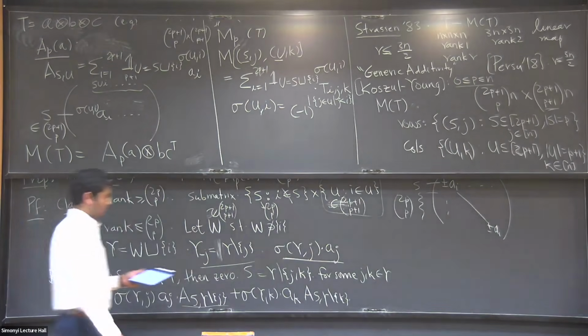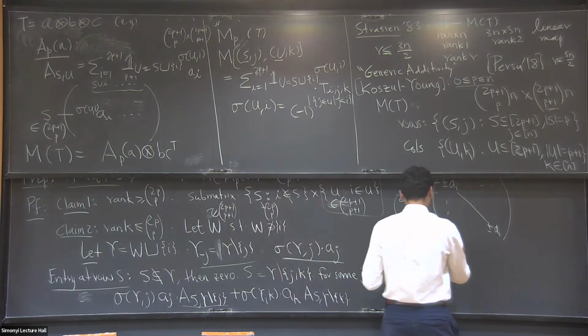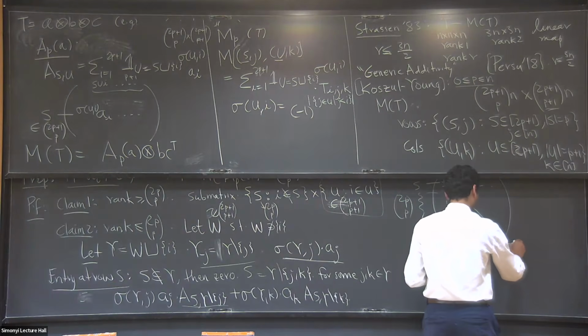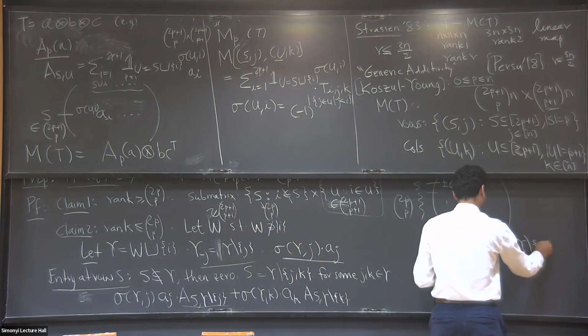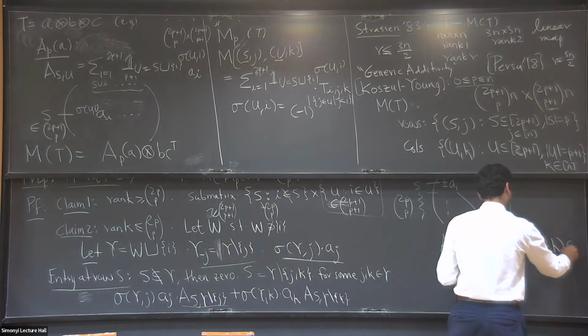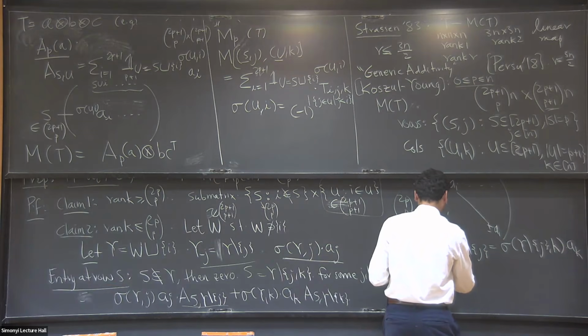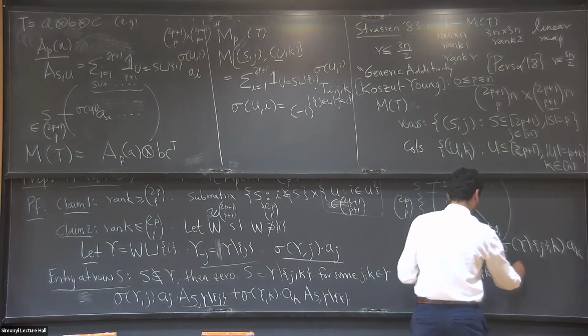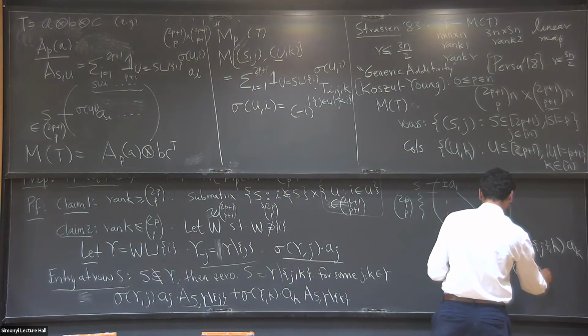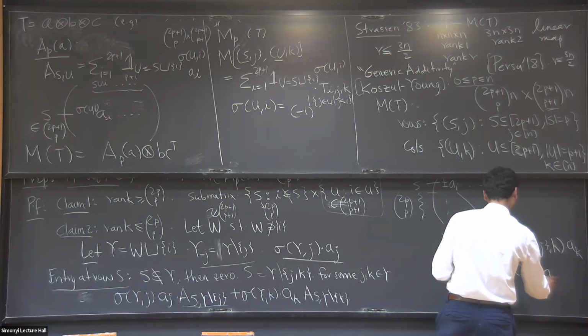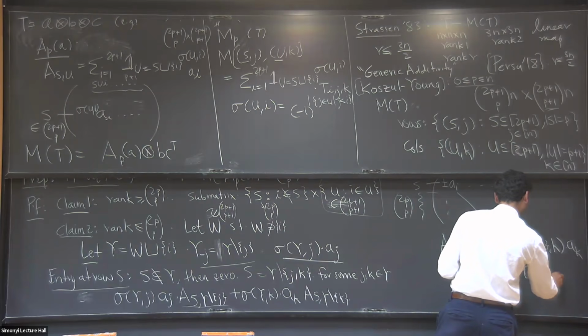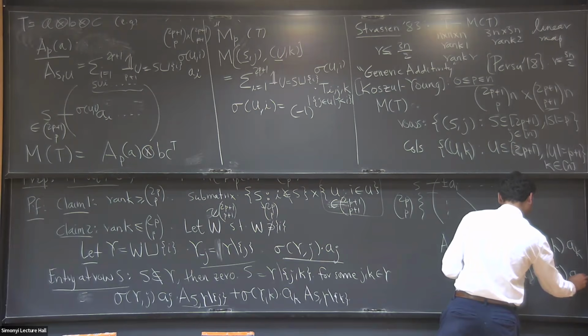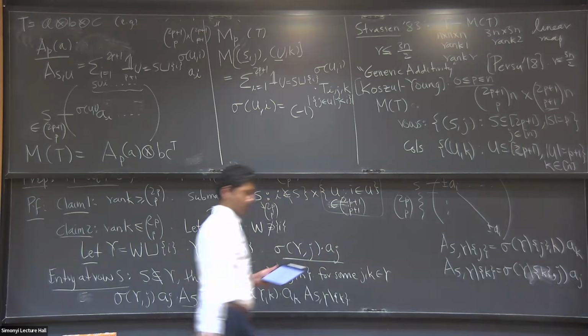So A_{S Δ (Y∖J)} actually equals sigma of Y minus J times A_K, and A_{S Δ (Y∖K)} equals sigma of Y minus K times A_J.